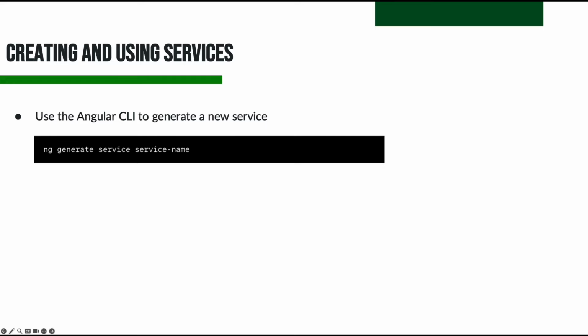So now let's see how we can create and use a service. As usual, we can use the Angular CLI to generate a new service using the command ng generate service and then the service name, or we can use the shortcut ng g s and then the service name. These commands generate the necessary files of the service, including the service class and unit test file.